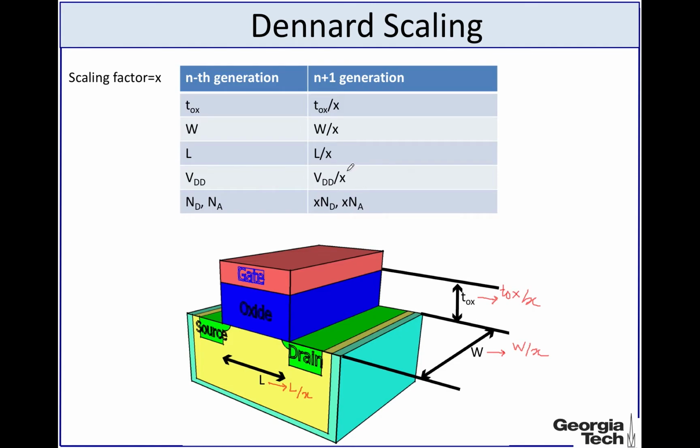At the same time, the power supply voltage will get reduced by a factor of X, while the doping densities will increase by a factor of X.